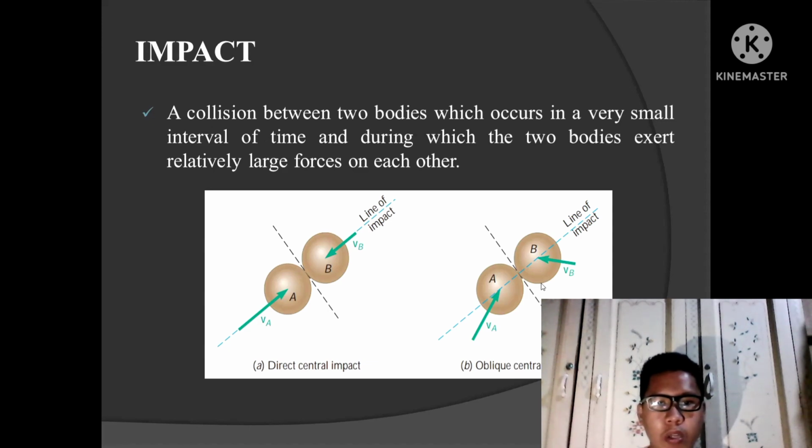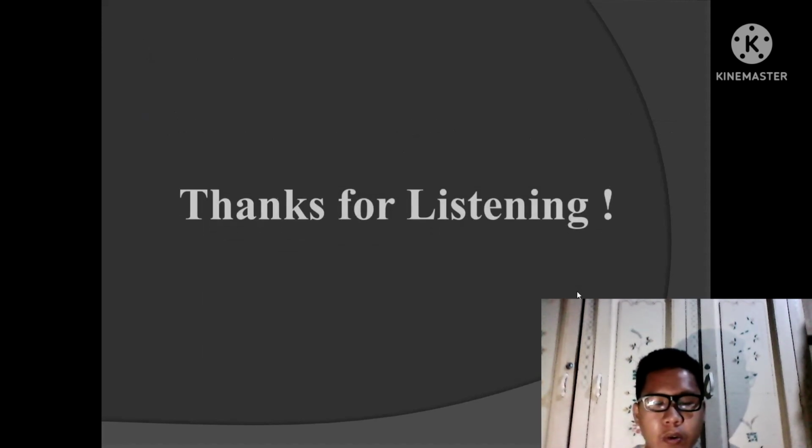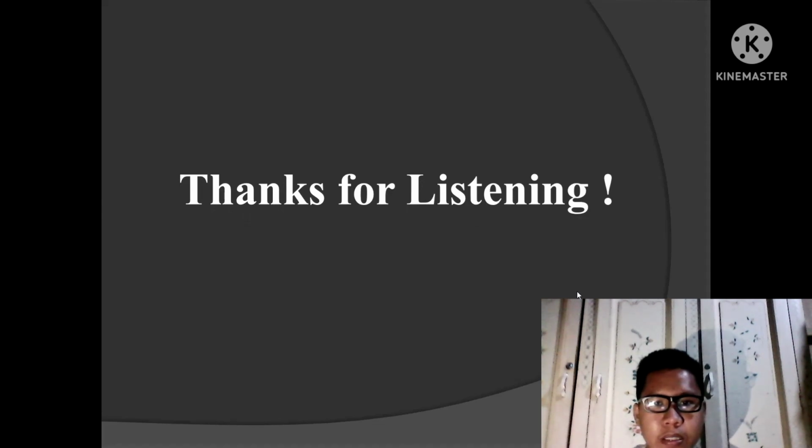We should always bear in mind that when two particles collide and are both directed along the same line, we call it a direct impact, while in an oblique central impact, the line of impact is at an angle to the movement of the particles. So that's the impact.